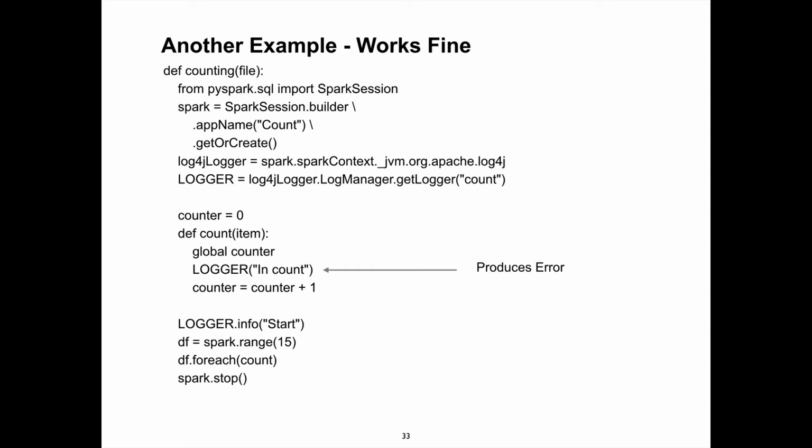And the reason is, we saw before, we're working on the master and working on workers. In my starter class, I gave an example where we're working on the count, but the counter was a number.